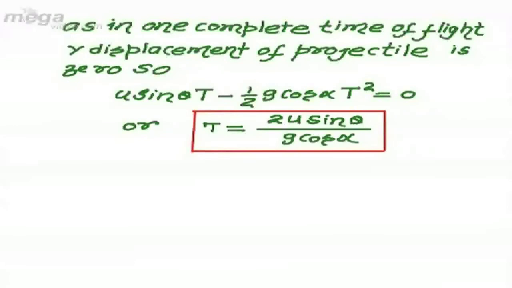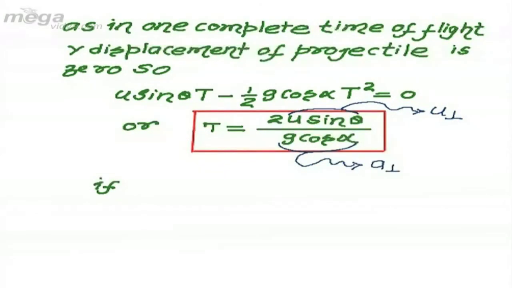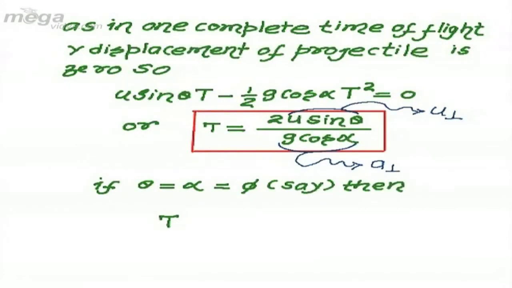You can see here u sine theta is u perpendicular, and the term g cos alpha is a perpendicular. If theta is equal to alpha equal to phi, say, then the time of flight becomes 2u upon g tan phi.